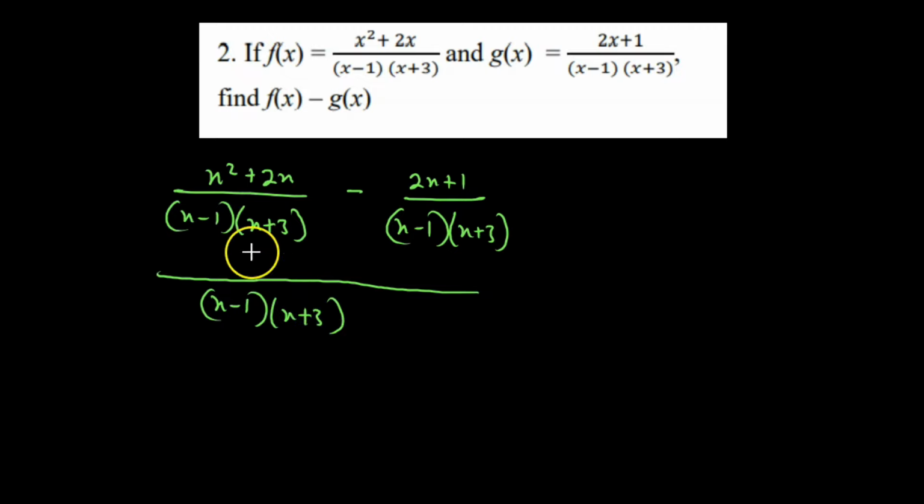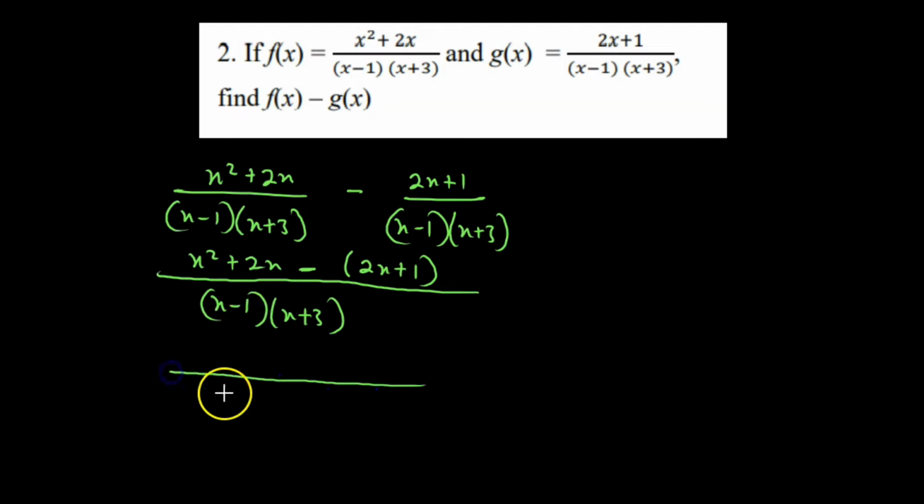Now that goes into itself 1, so multiplying the numerator, we are left with x squared plus 2x. Then minus x minus 1 and then x plus 3 will go into itself 1, multiplying the numerator. Remember, this is a binomial, so it's supposed to be in brackets, 2x plus 1. Then we expand and simplify the numerator, and our LCM is maintained as x minus 1 multiplying x plus 3.